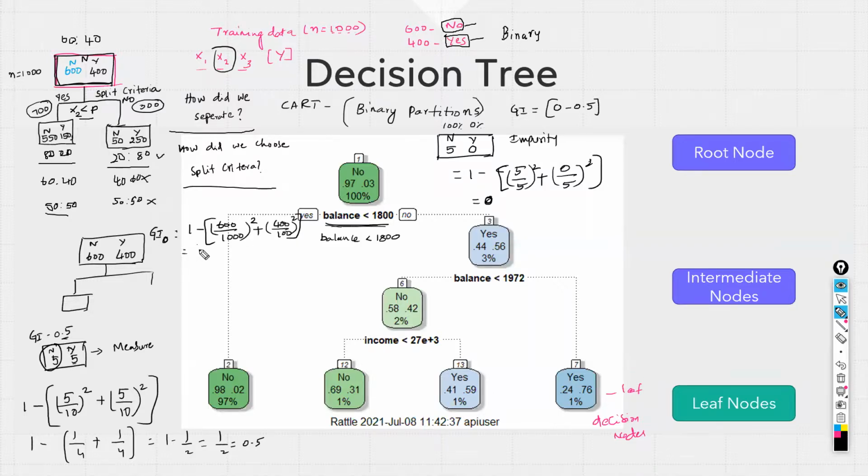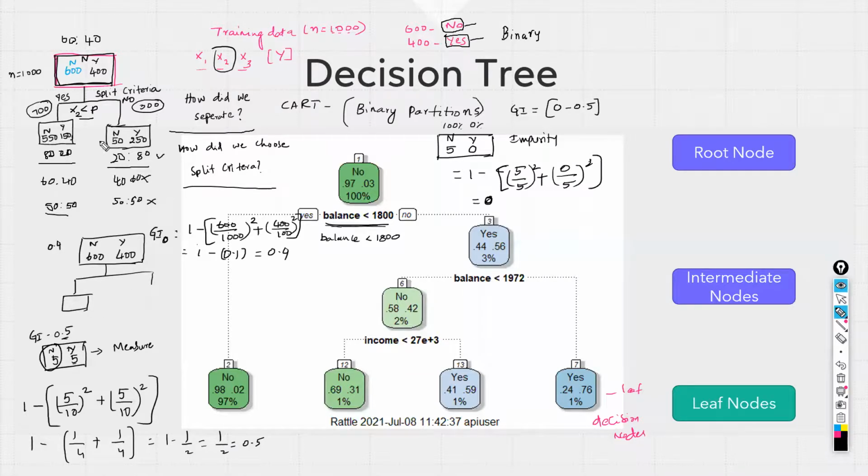So this is 0.4. So at the root node, we have a Gini of 0.4.